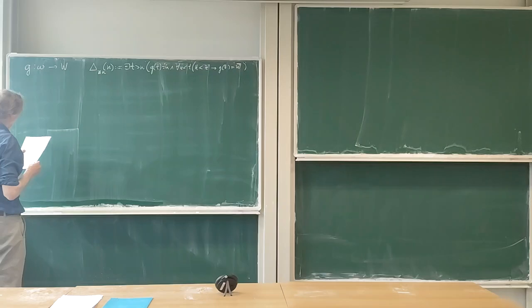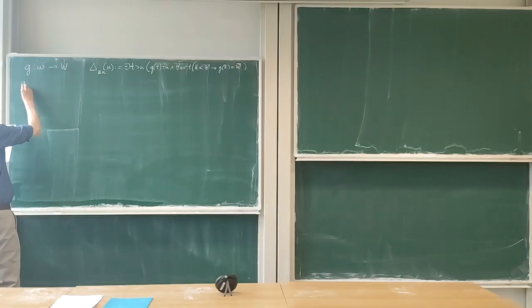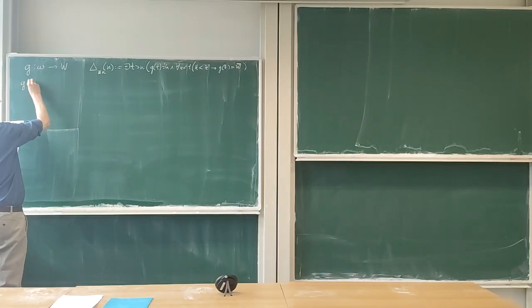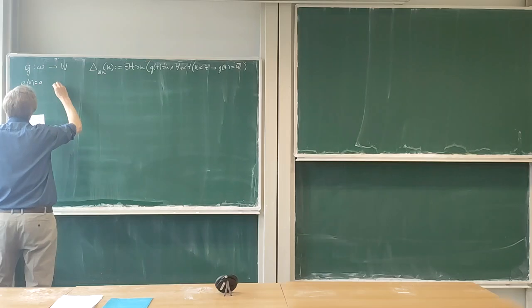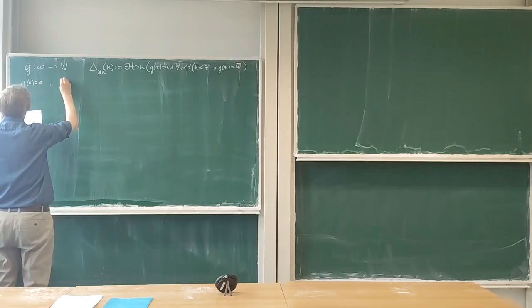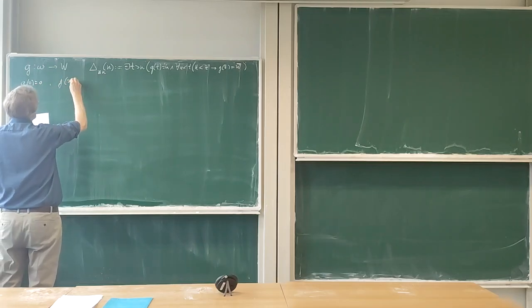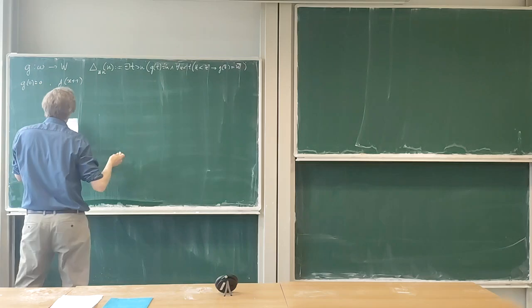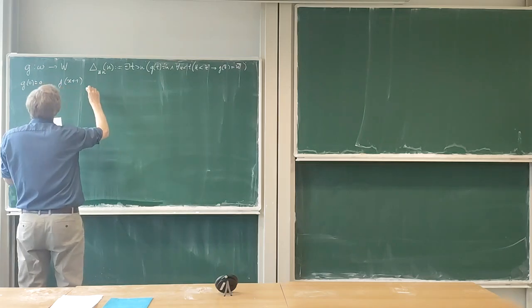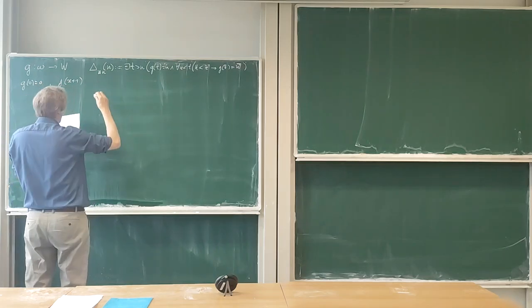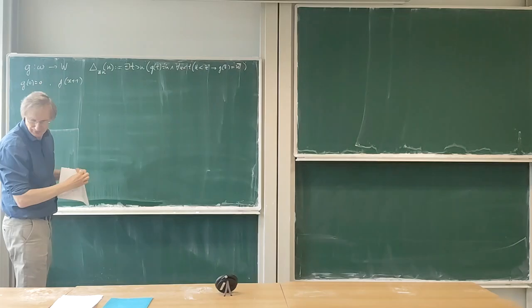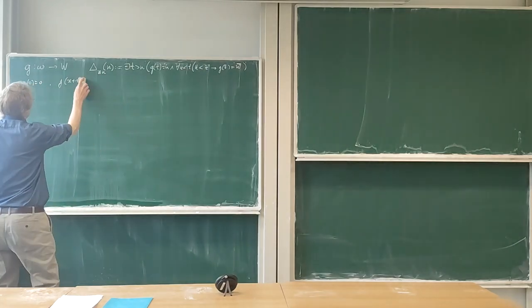So that's our delta, and g of 0 is 0, and g of x plus 1 is defined according to the following rules.